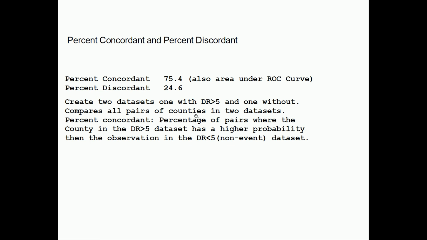The percent concordant is the percentage of pairs where the county in the greater than 5% death rate data set has a higher probability than the observation in the non-event data set. You hope your non-events have a lower probability of having a death rate over 5%. Now these are predictions, not actual values. So you call that concordance, and that's how you get the 75.4.